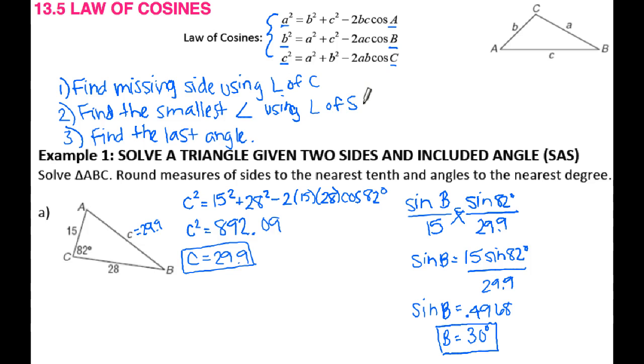But since I'm using the law of sines, I have to go in this particular order. So I know that this angle measurement is 30 degrees, so all I'm missing is angle A. The angles in a triangle add up to 180 degrees, so I can take 180 minus 82 minus 30 degrees, and angle A ends up being 68 degrees. And now this triangle is solved. You have all three sides, and we now have all three angles.